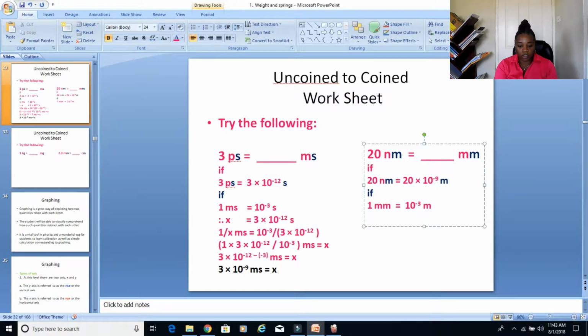So if that's so, therefore x would be equal to this up here, because now they have the same unit.